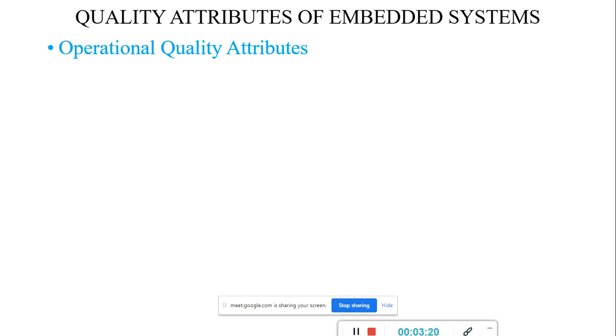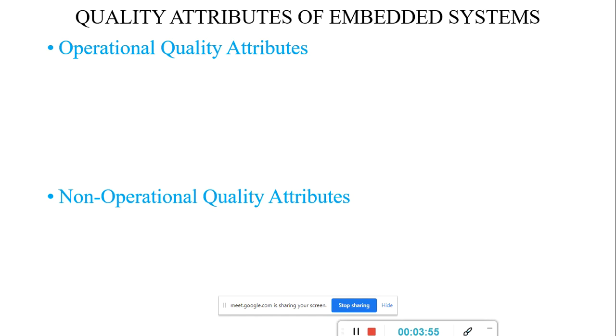That's what we call non-functional aspects. If it is operational, we call it a functional aspect. Then we have non-operational, which is non-functional, when the embedded system is not functioning. So the quality attributes of embedded systems are during operation and during non-operation.